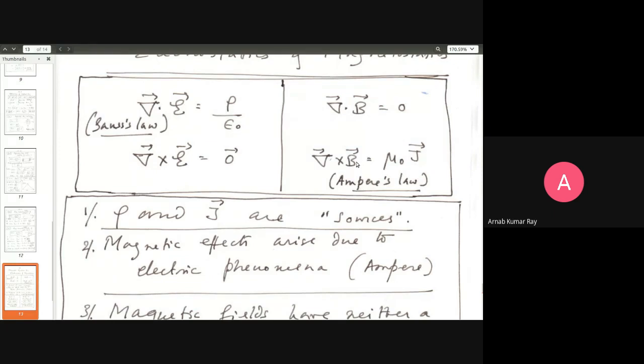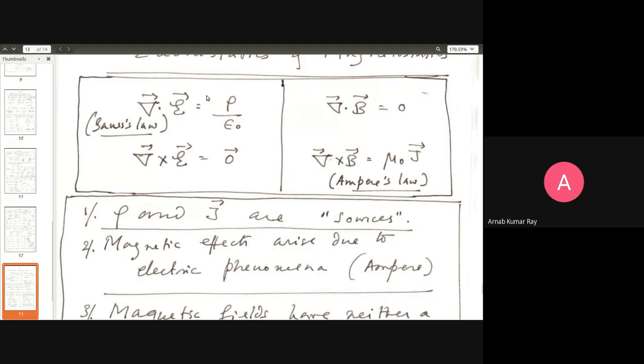Fine. But what are these two sources? Rho is charge density, charge per unit volume, and J is cross-sectional current density, current flow per unit area. But what is current itself? Current is simply flow of charges.